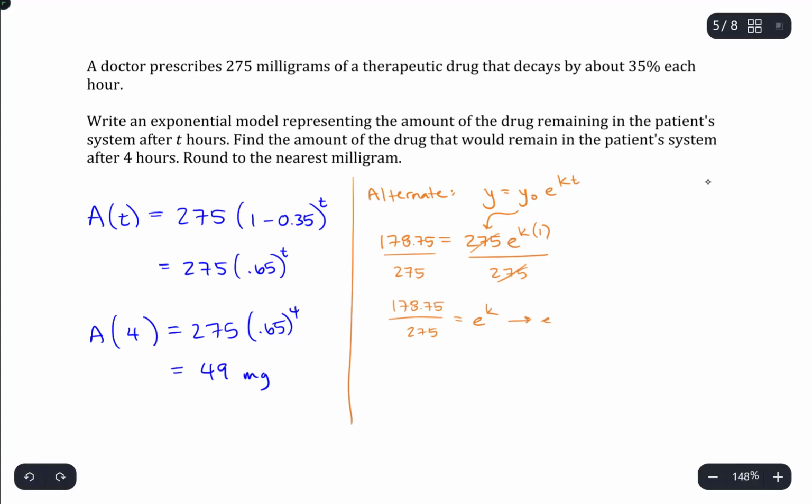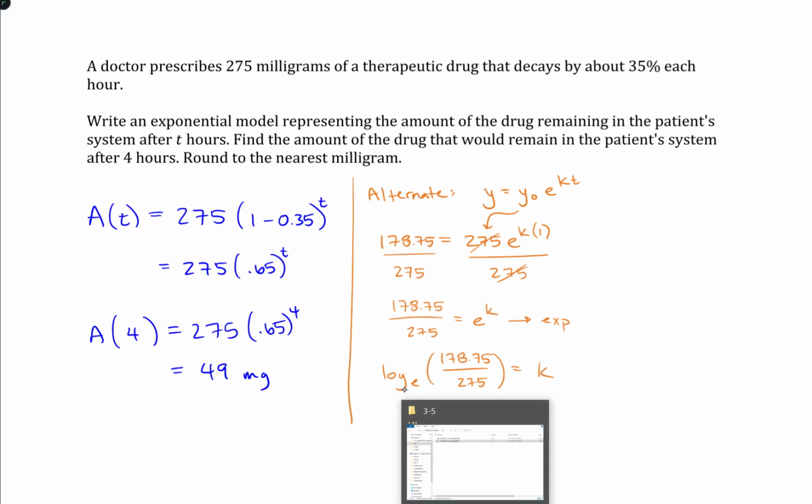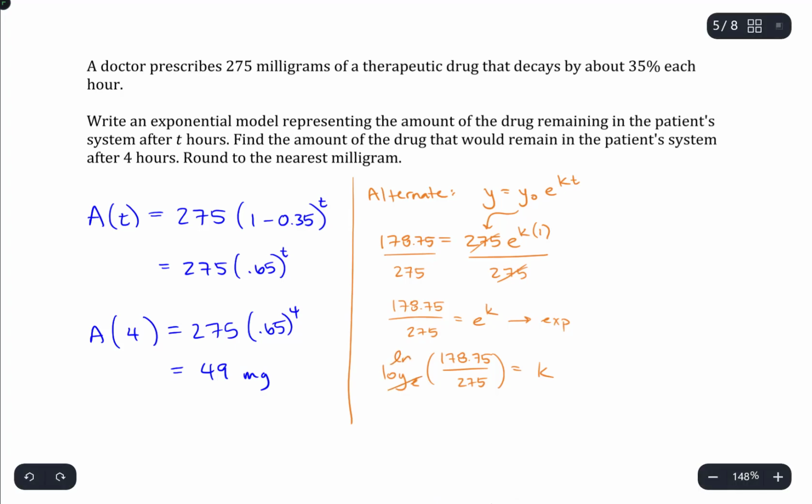This is in exponential form, and in order to solve it, we need to change to log form. So it would be log base e of 178.75 over 275 is equal to k. And of course, log base e is just a natural logarithm, so we would use the natural logarithm in the calculator.